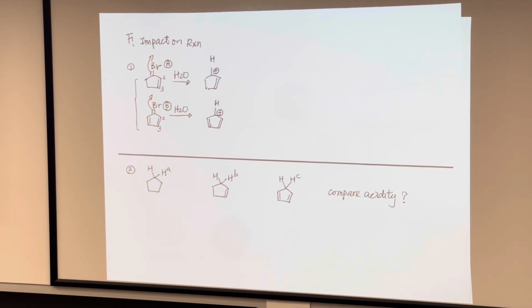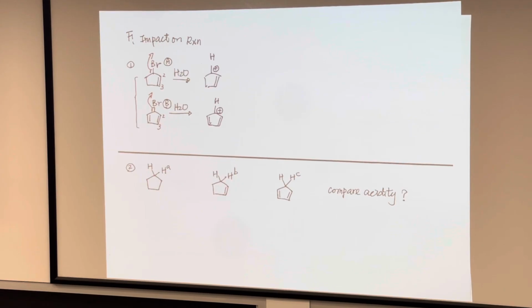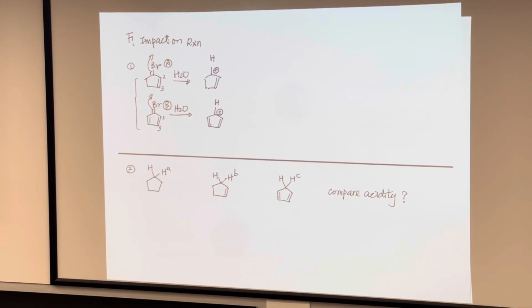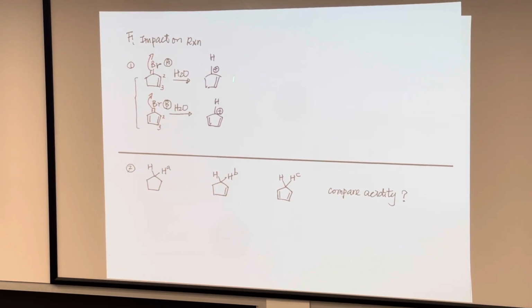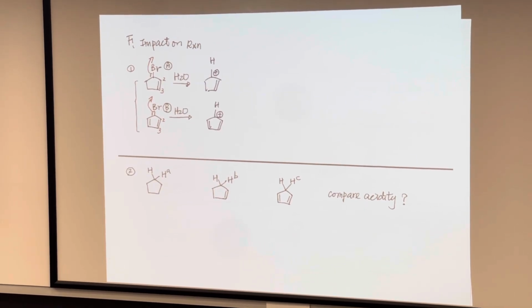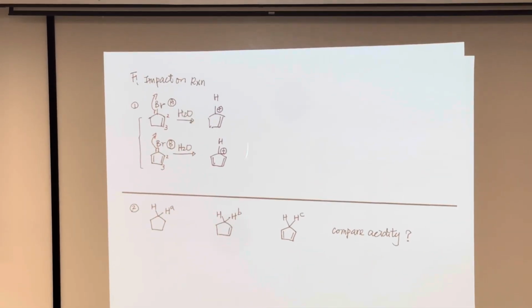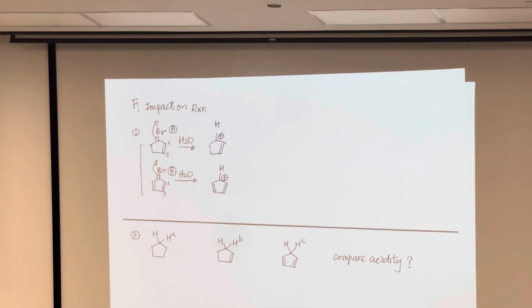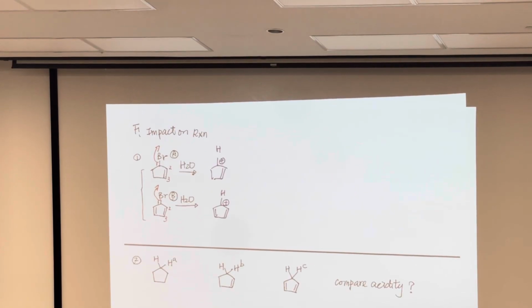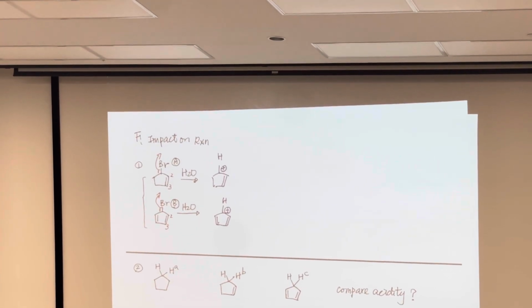Have you seen something? One of them is less stable than what we expected. Which one is less stable than we expected? The first cation or the second cation? Yes, the second cation.